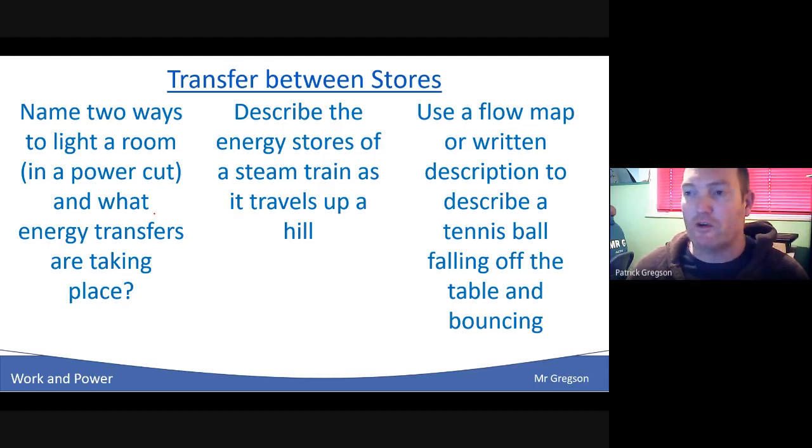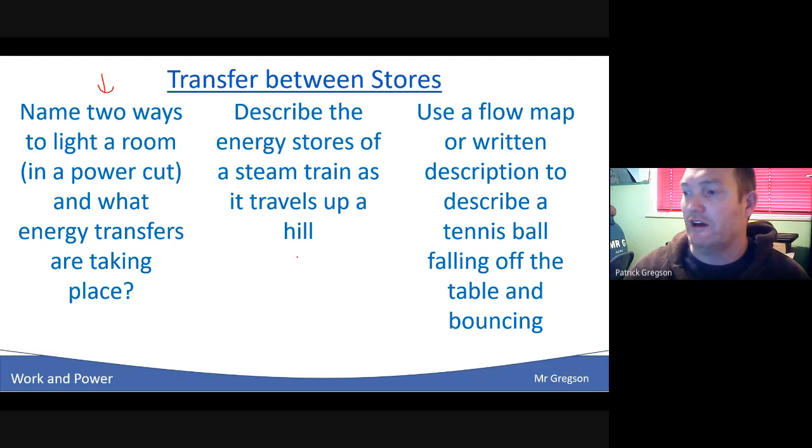So a really basic one on the left-hand side here is name 2 ways of lighting a room. And the obvious one is using a torch. Okay, using a torch, but there's quite a lot of energy transfers going on in a torch. You might consider using a candle, and again, lighting a match, placing it to the candle, and the candle then producing light and heat. There's lots of energy transfers always going on.